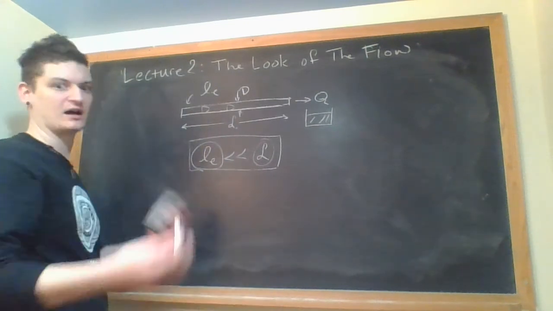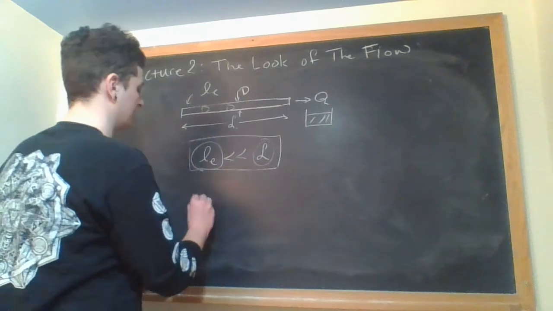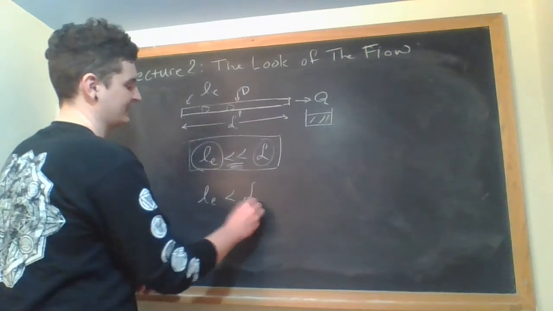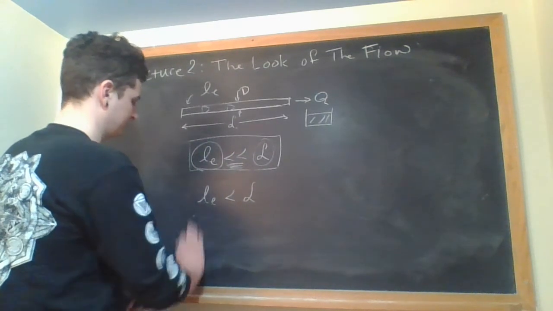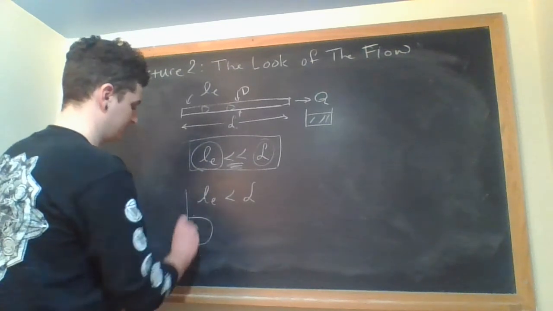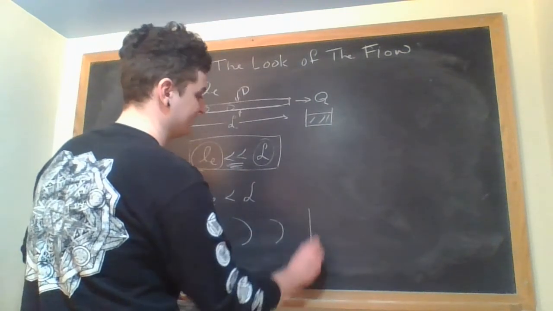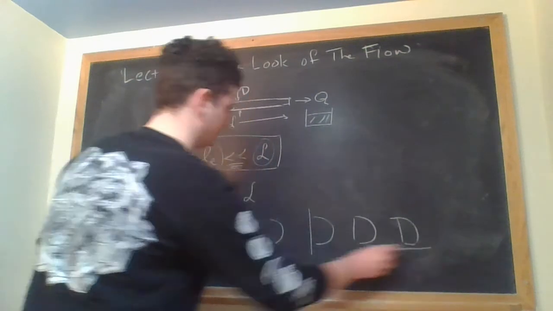If that is the case, then we get a lot of expressions that can tell us things about pressure drops. You really need the entrance length to be a lot less, because if it's less but not that much less, you would be in a situation where it's still developing, and then let's say here, now it's fully developed, where that velocity profile does not change ever.